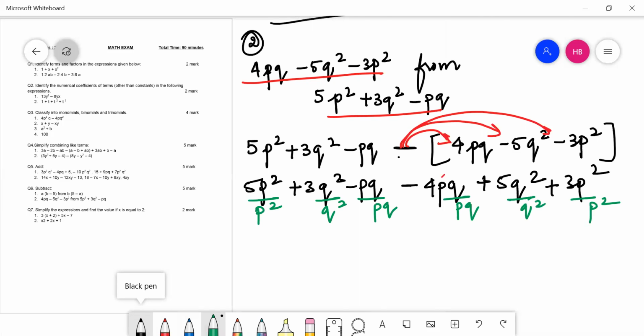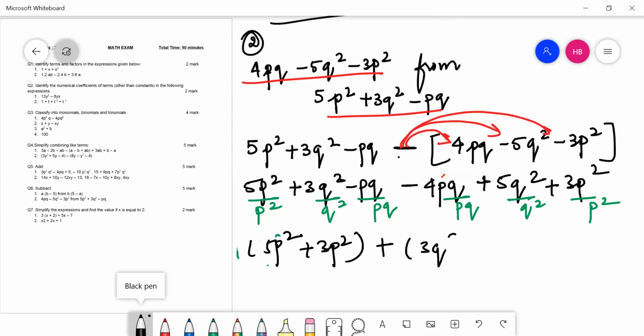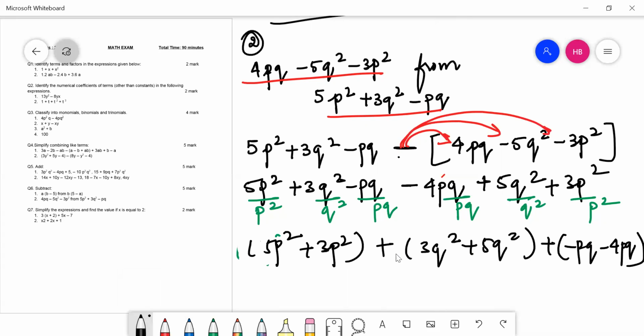So basically, there are three variables in the entire algebraic expression. Group the same variable terms: 5p square plus 3p square, correct? Now I'm going to group the q square terms together, 3q square plus 5q square, and I'm going to club the pq terms together, so minus pq minus 4pq. So this is what we are going to do.